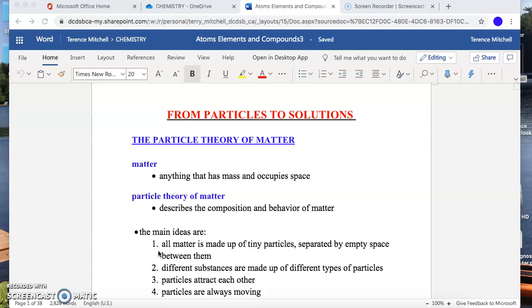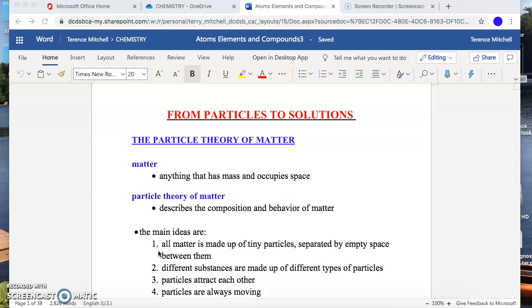Different substances are made up of different types of particles. Gold is made up of gold particles or atoms. And we'll learn later that they look and act differently than a rubidium particle or a carbon particle or a neon particle. So all these different things are made up of different particle types.